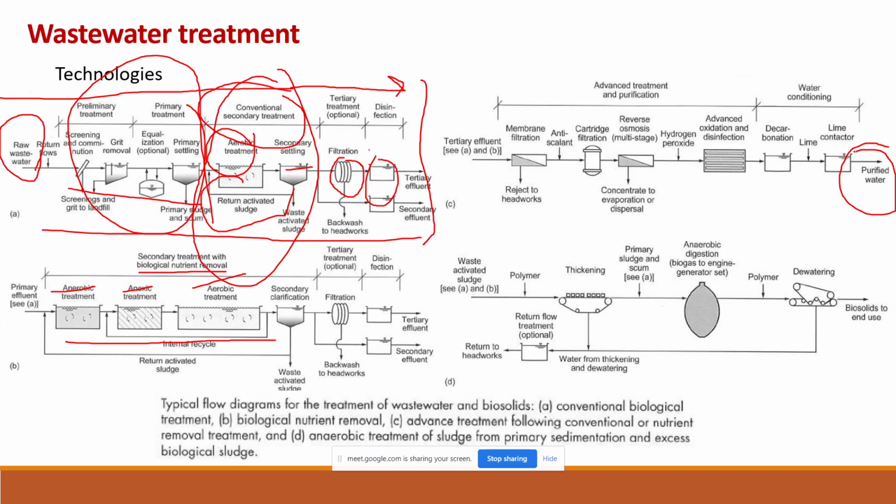So that will have a lot of consequences. So even after tertiary treatment, you add different treatment processes like membrane filtration, reverse osmosis, advanced oxidation and disinfection to get water of a very high quality which you can reuse.